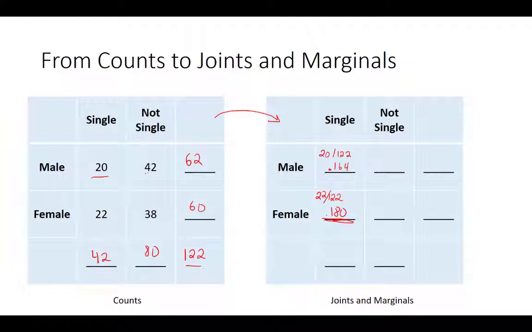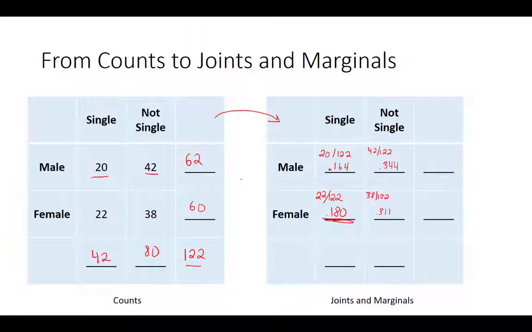Well, that would be 42 out of 122, which is 34.4%. And this other probability is 38 out of 122, which is 31.1%.